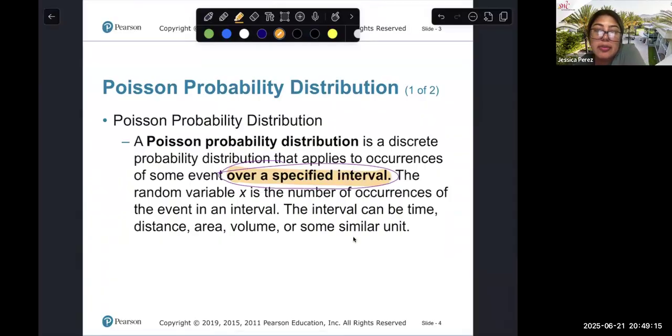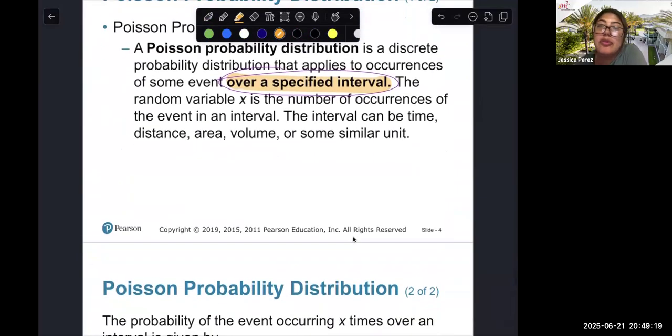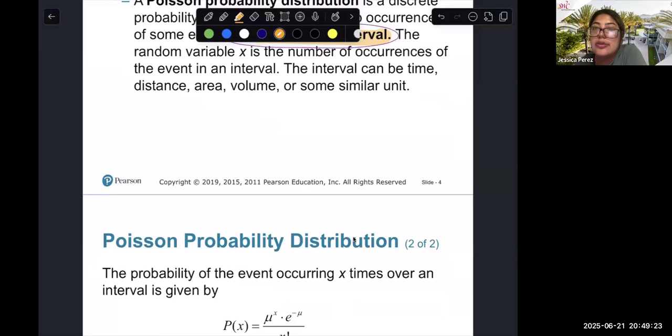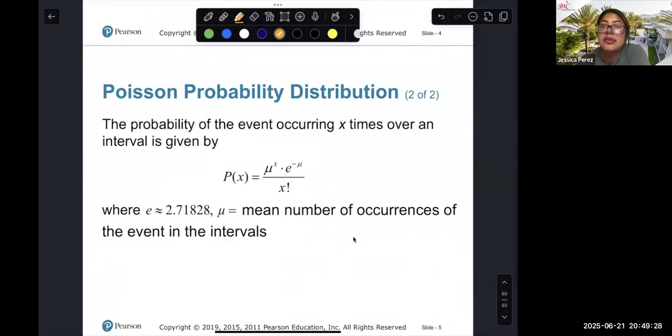So the random variable x is the number of occurrences of the event in an interval. The interval can be time, distance, area, volume, or some similar unit. Poisson's probability distribution is given by the following formula.